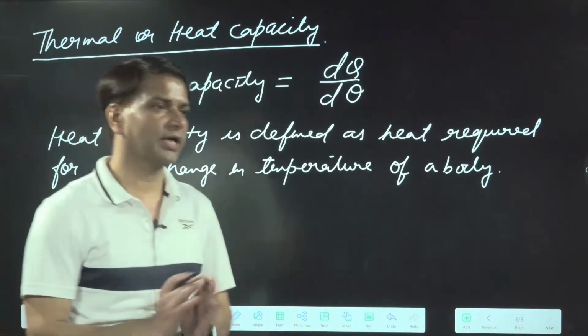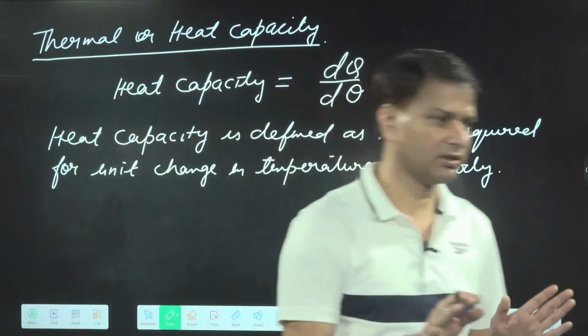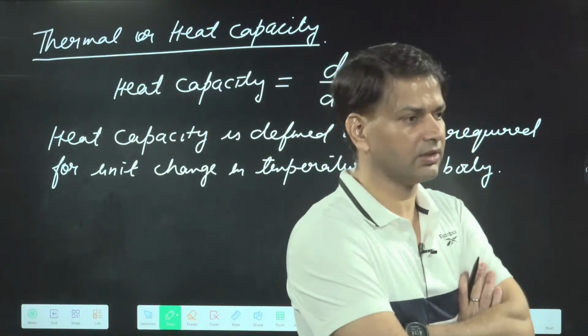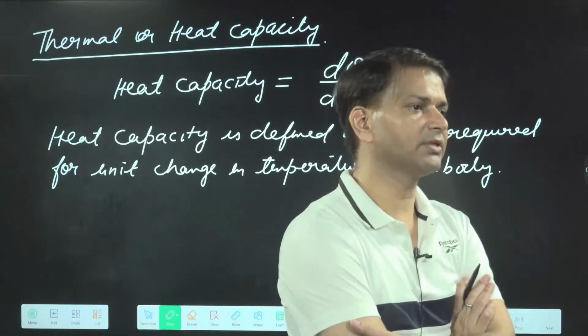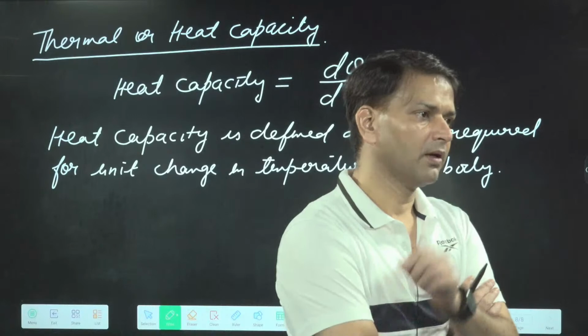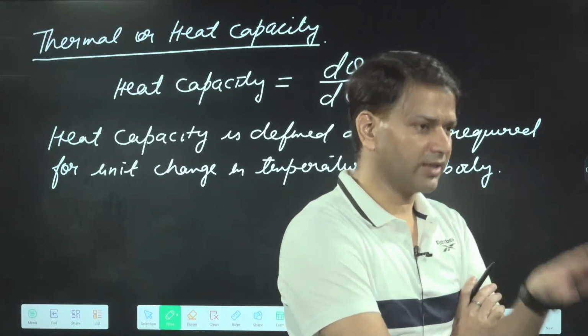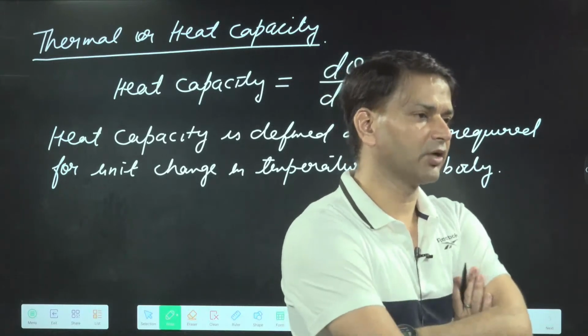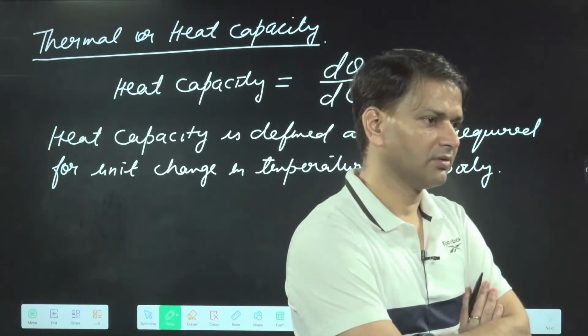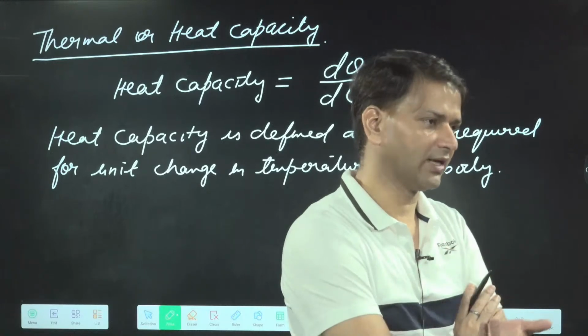Suppose the heat capacity of any body is x. To change the temperature of the body by 50 degrees C, how much heat is required? 50x. Why?